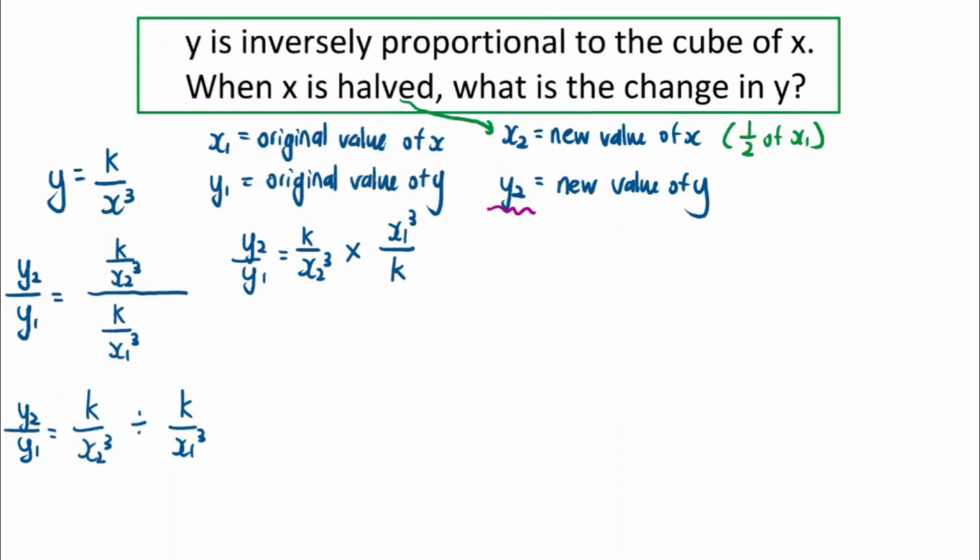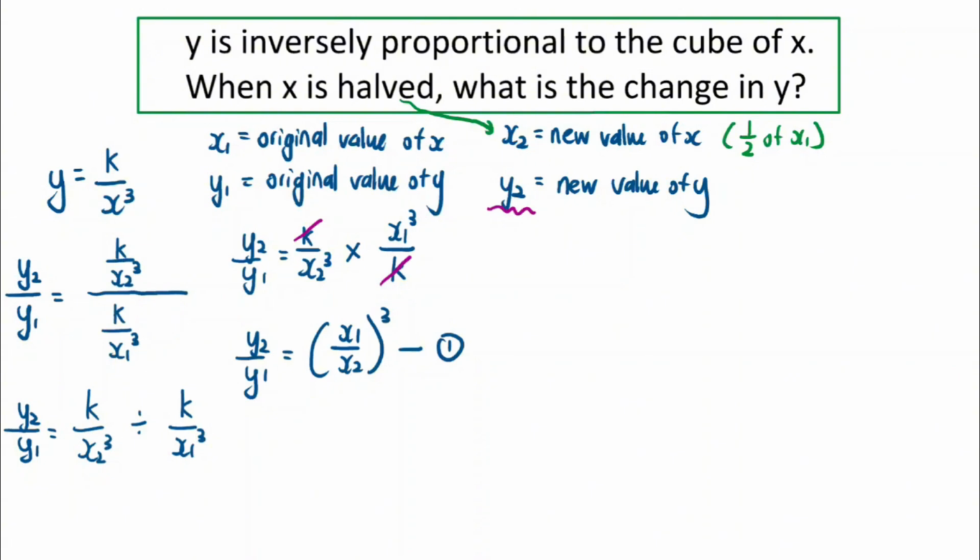Then now there's a common factor k in both the numerator and denominator, so we can cancel it off. So this simplifies into y2 over y1 equals (x1 over x2) cubed. And we call this equation 1.